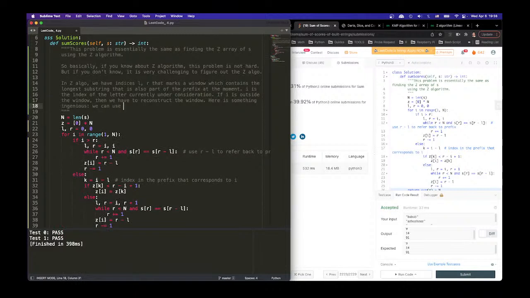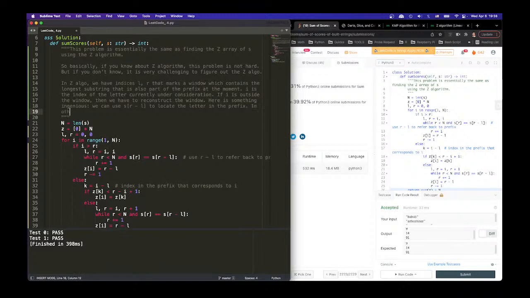We can use S R minus L to locate the letter in the prefix.